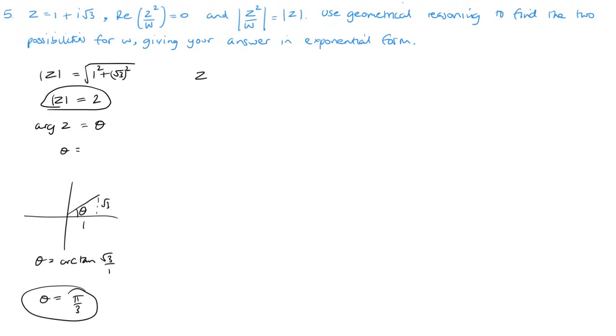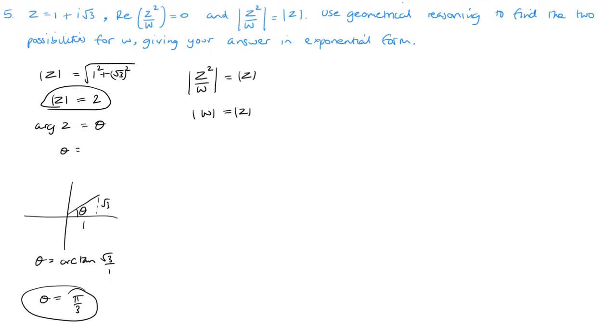So it tells us that the modulus of z squared over w is equal to the modulus of z. This implies that the modulus of w equals the modulus of z, because z squared over z would equal z.